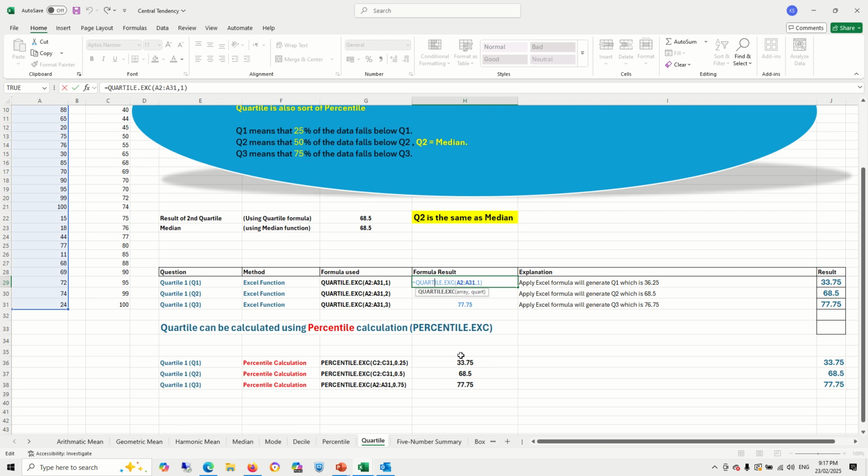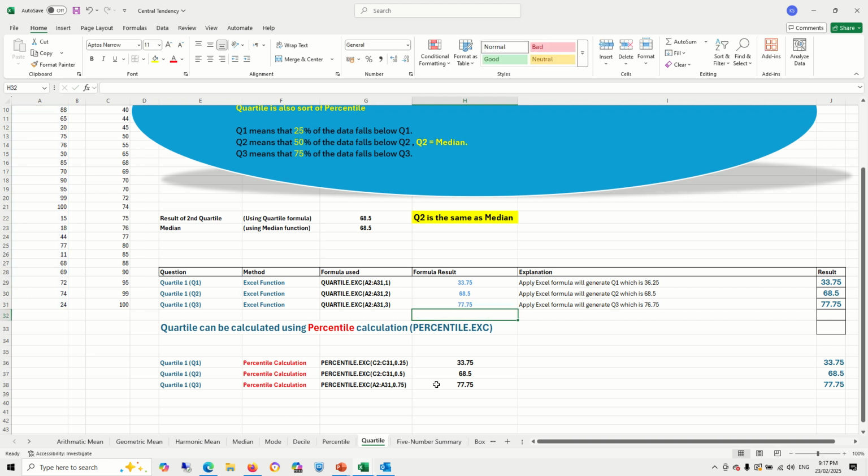Number 1 will give you directly quartile 1, first quartile. You can also use the same one, number 2 for second quartile, number 3 for third quartile. And you can also use the PERCENTILE.EXC to calculate the quartile as well.